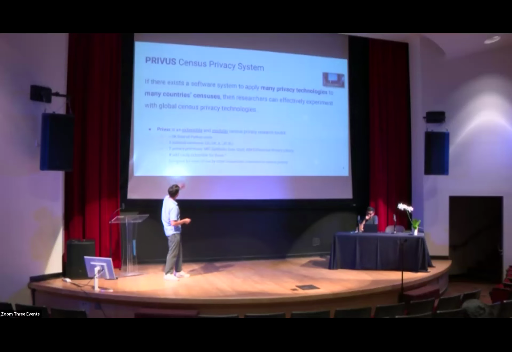And then we also abstracted many countries' censuses, which was frankly the bulk of the work in this system, finding these country abstractions so that you can apply these privacy tools to any country census that fits this abstraction layer that we developed in the system. It's implemented in Python. We did 5 national censuses and 2 main privacy primitives with synthetic data and differential privacy.